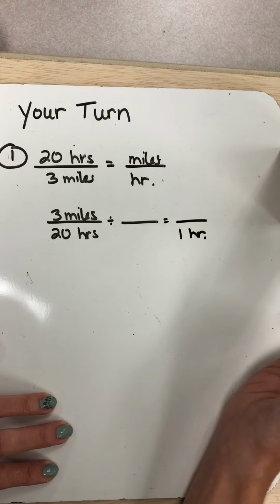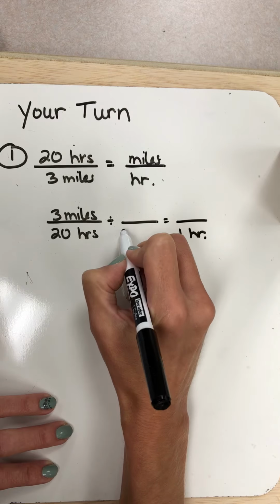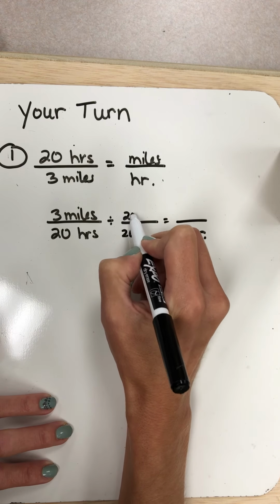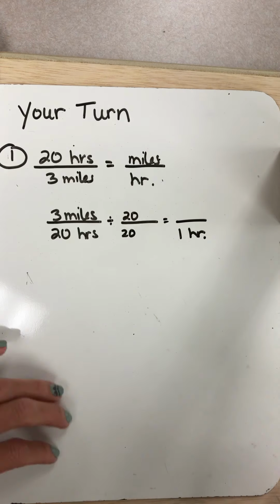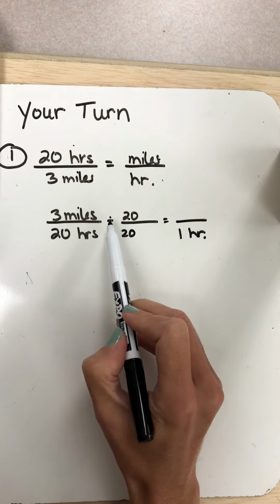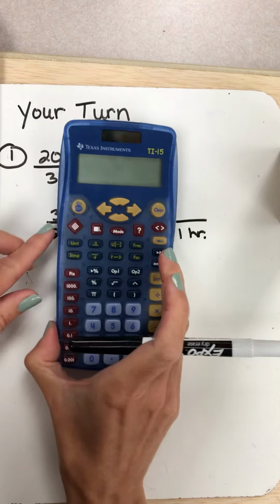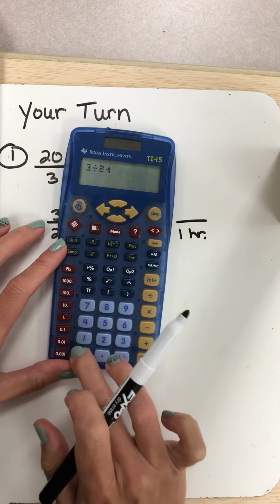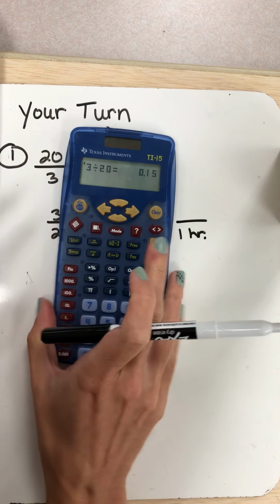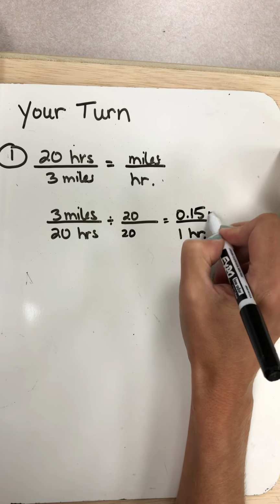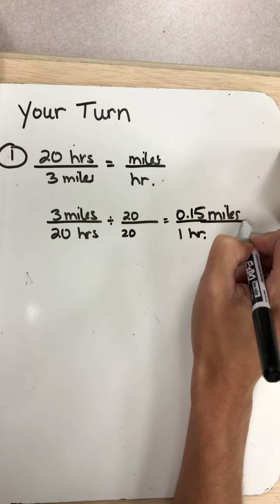That makes sense. In order to do that, I'm going to divide my denominator by 20, which means I also have to divide my numerator by 20, because 20 divided by 20 is 1. So I really need to do 3 divided by 20, which is 0.15 as a decimal. So 0.15 miles in 1 hour.